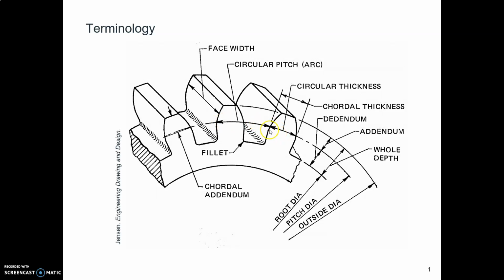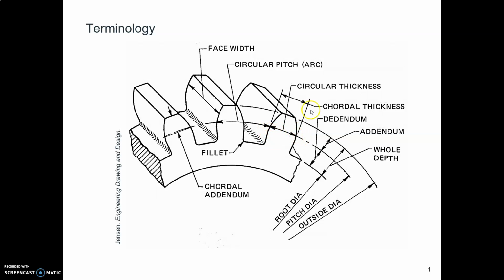Now let's think about the thickness of the tooth. If you measure on the pitch circle, that's a circular arc, that circular thickness is the thickness of the tooth around the pitch circle.